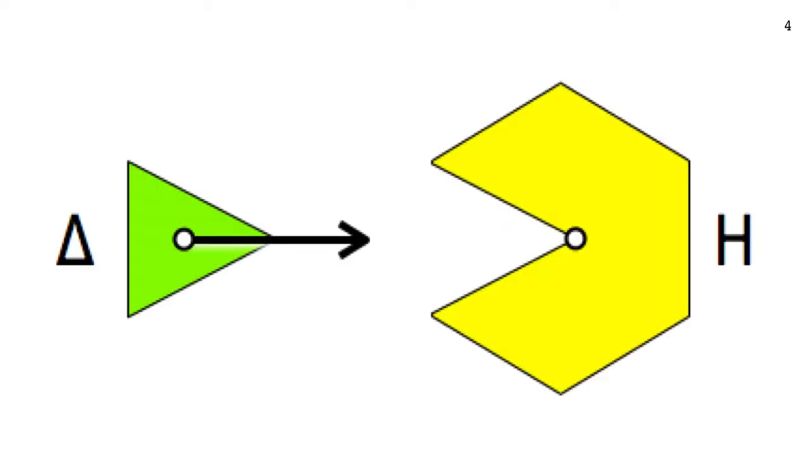Because this molecule, the green delta molecule, is 1 unit of mass, and the yellow H molecule is 5 units of mass. And I was very, very careful putting all this together.